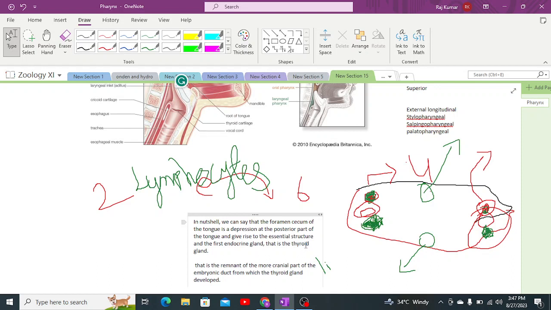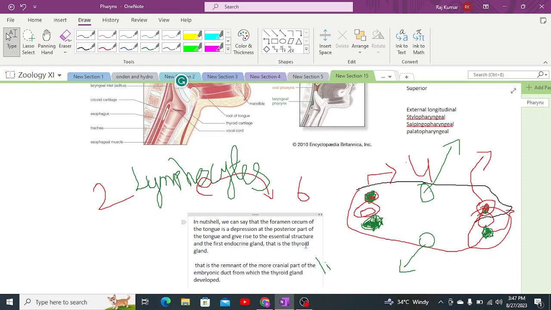So it is the remnant of the cranial part of the embryonic duct from where the thyroid gland is developed near the foramen cecum.